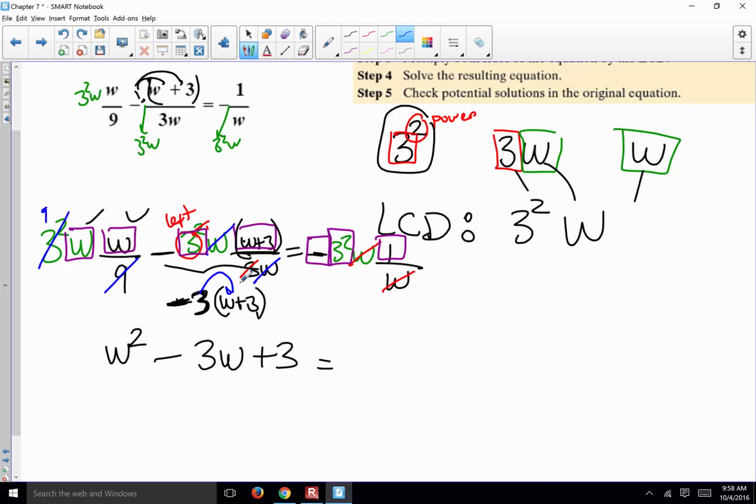It should not only multiply W, this is correct, but this minus 3 should multiply 3, and we must make, what is 3 times 3? 9. There is still a mistake. It's negative 9. Look, this minus and 3 must both multiply and distribute the 3.